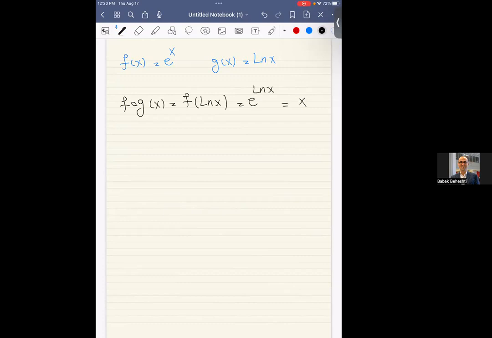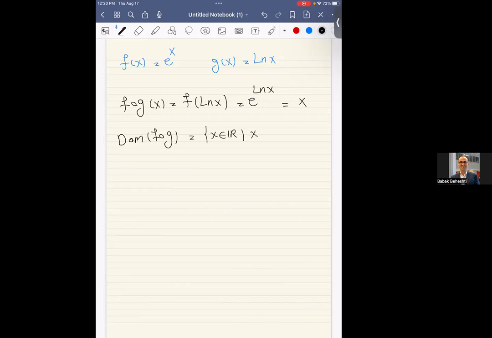But here, because first g acts, the domain of f of g is basically the domain of g. Because of the ln, first you have to compute ln of x and then e to the power ln of x.